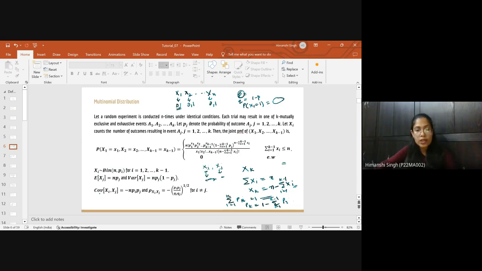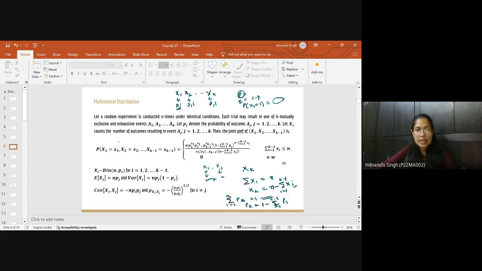So the covariance between xi and xj will be minus n pi pj, and the correlation between xi and xj will be minus of pi pj divided by qi qj whole to the power 1 by 2. Here also we are considering that i and j are not equal. So this is the multinomial distribution, and these are the marginal distributions of the xi's, and the covariance and the correlation between xi and xj.